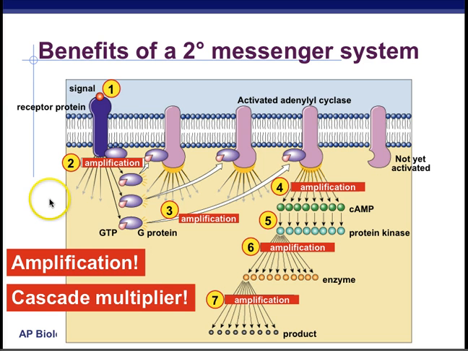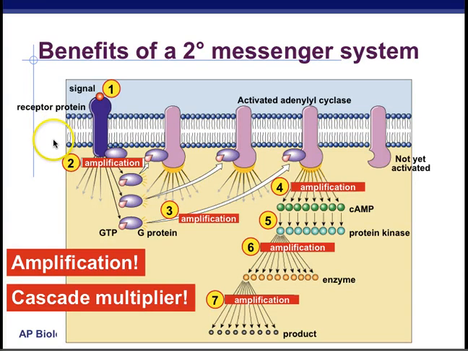Okay, so it causes cascade multipliers. So one signal is causing a huge effect. So epinephrine, something which we talked about, can be injected if you're allergic to bees and you need an epi-stat, like they say on TV, where they shoot you with epi.